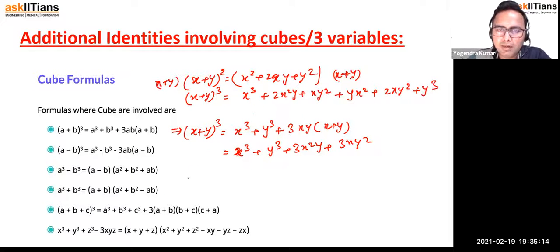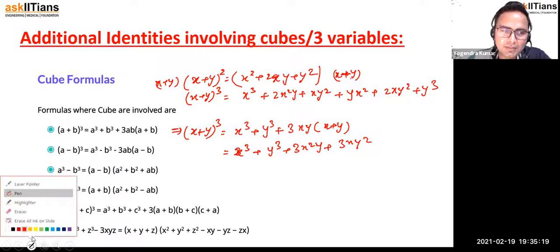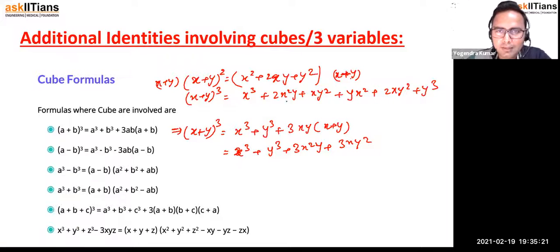Now can you see the like terms here? I hope you can identify like terms easily. We have done that. This x square y, and where is the other x square y? This is x square y. So you can see x cube, 3 times x square y, and now 3 times xy square plus y cube.